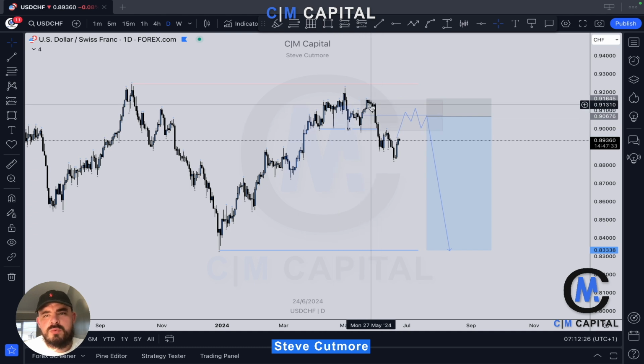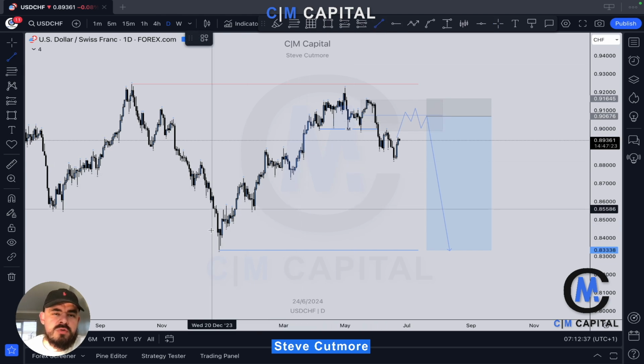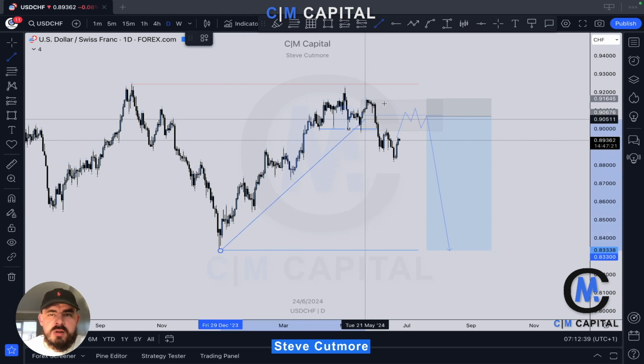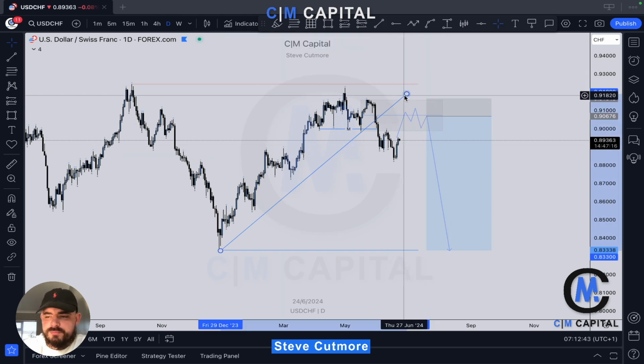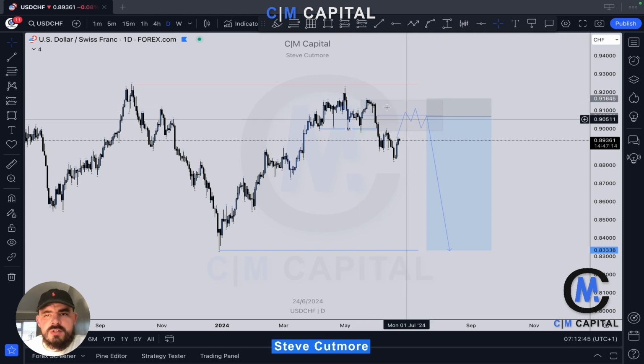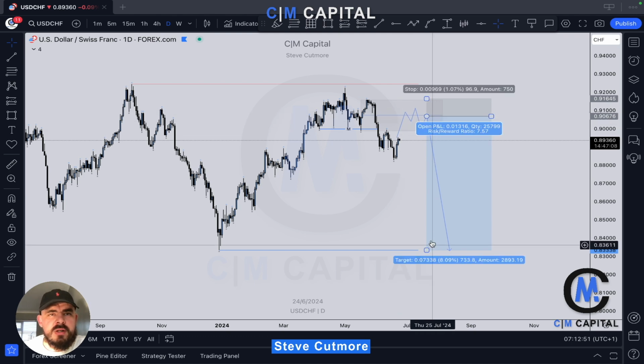We have pulled a correction move to then impulsively move and break structures and a structural shift based off the lower time frame. So if we were to draw a trend line here, we're bullish and we have broken through that now. So I'm expecting a pullback up into the supply zone, take out some liquidity from these areas here, and then get our move to the downside.